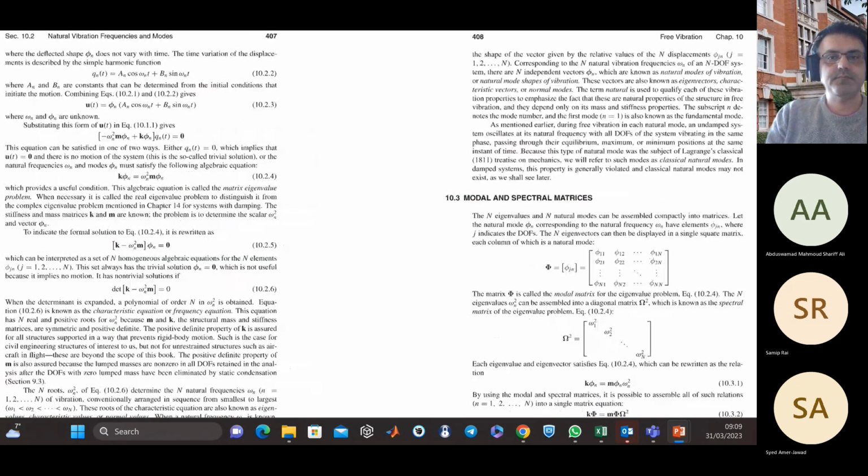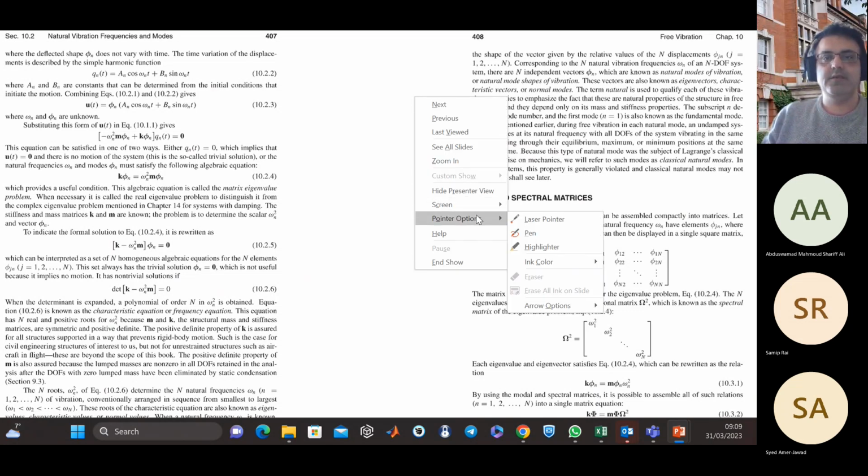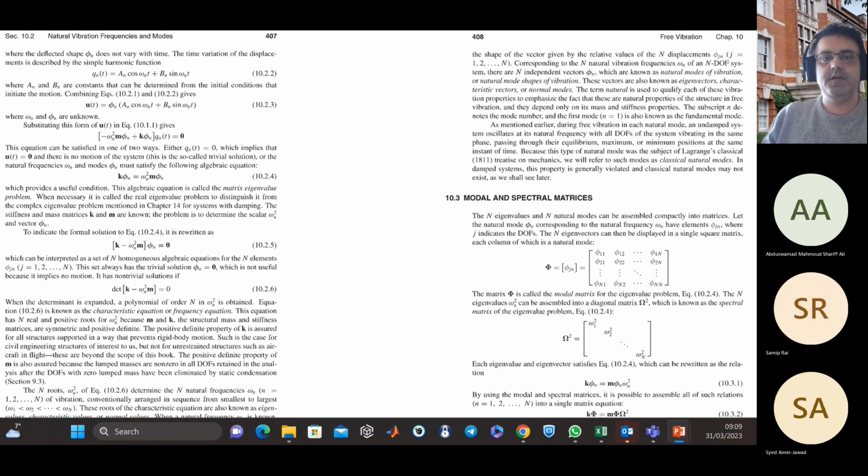And what I've discussed during those videos is really about the eigenvalue analysis. As we discussed before, the eigenvalue analysis is about solving this equation. You should assemble the product of k minus omega squared times m, where k and m are respectively stiffness and mass matrices.